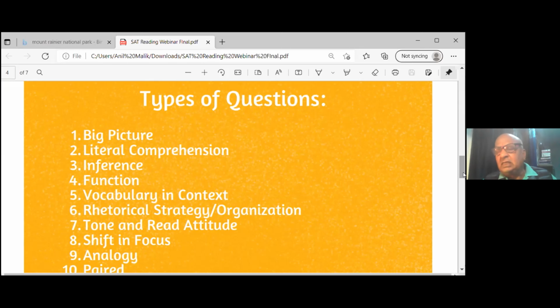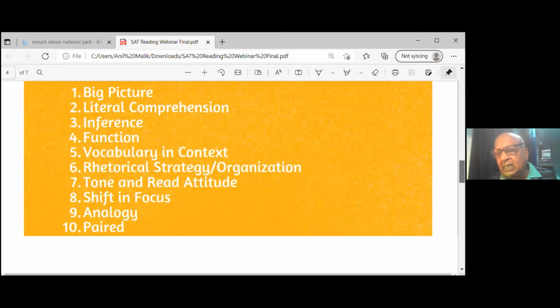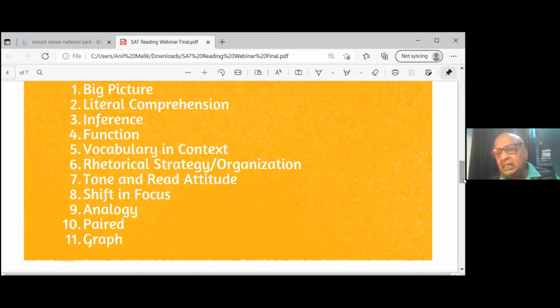Inference, where you make a deduction or conclusion about something said in the text. A function question asks why the author has included A, B, or C in the text. A vocabulary in context question asks what a certain word most nearly means in the context in which it was used in the passage.